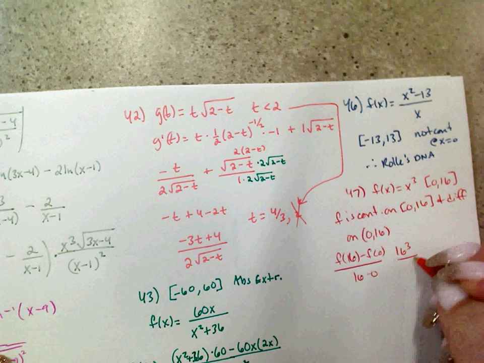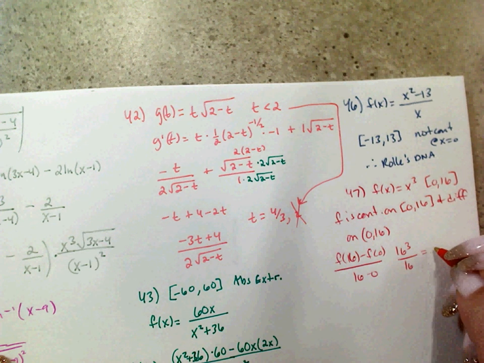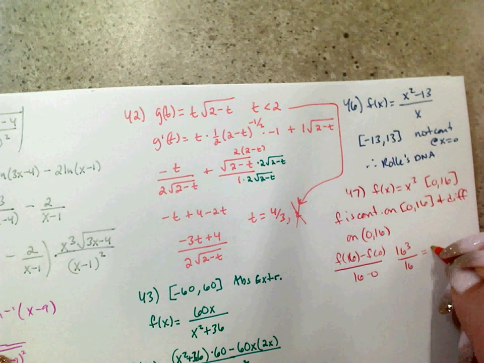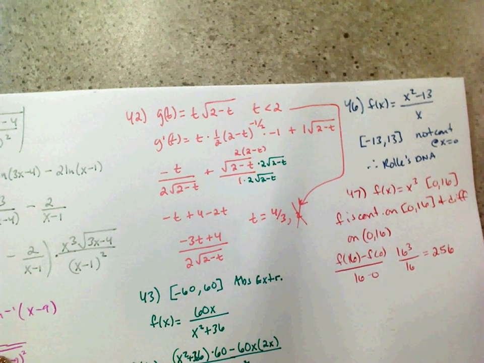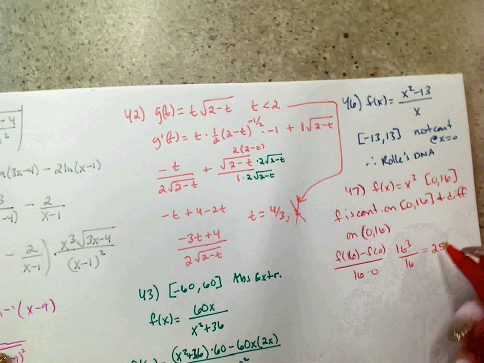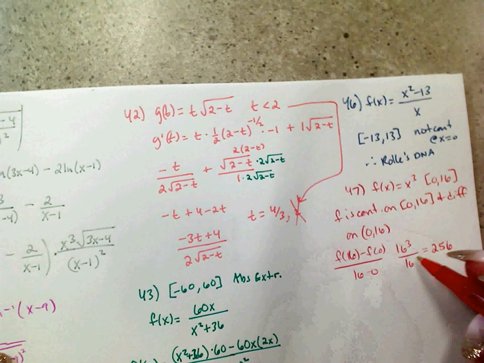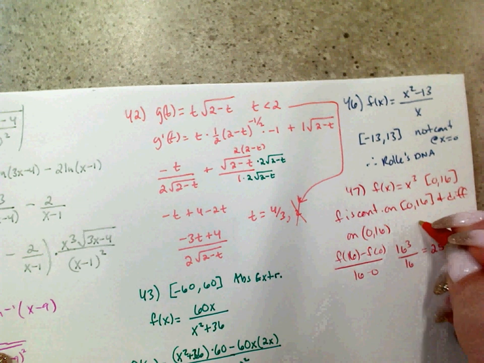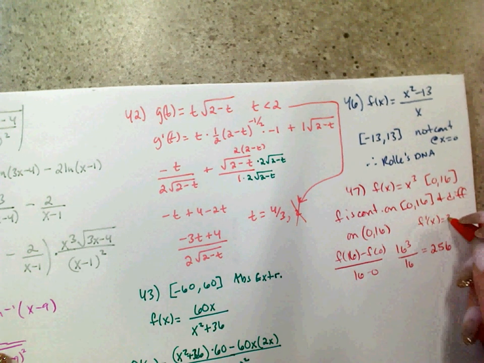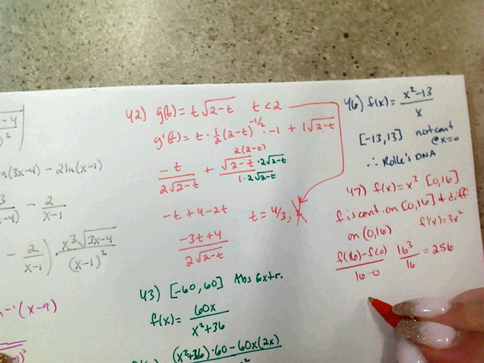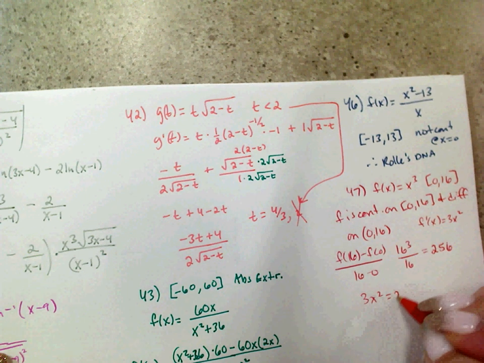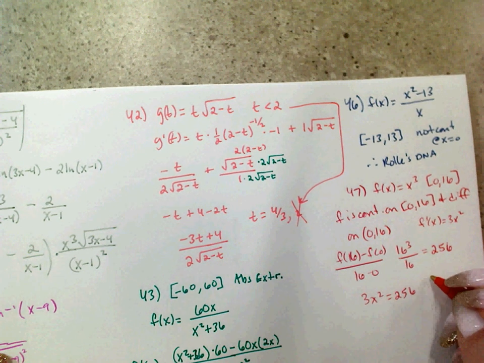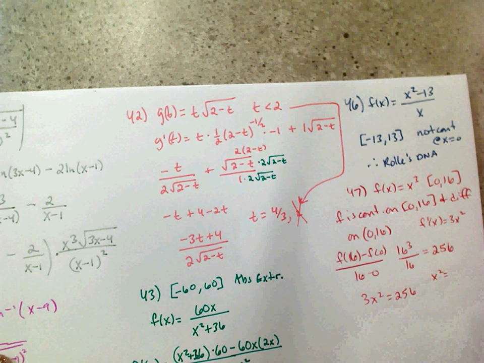So the thing about it is that at some point, the average slope will equal the instantaneous slope, and f prime equals 3x squared. So 3x squared will equal 256 when x squared equals 256 over 3. I don't think that simplifies.